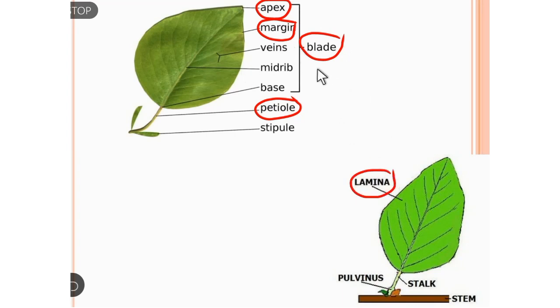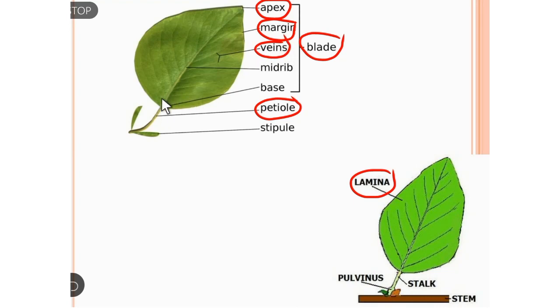Now this blade or lamina contains veins or veinlets, which is nothing but the vascular supply to the leaf, which carries water and minerals from the soil to the leaf. So it is nothing but a water conducting element which provides water and minerals to the leaves. That is what veins are.